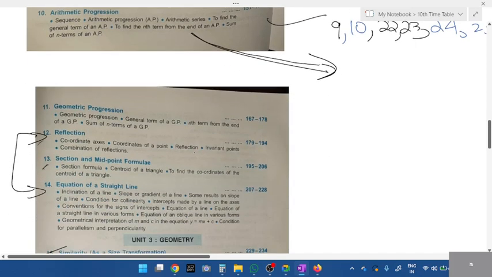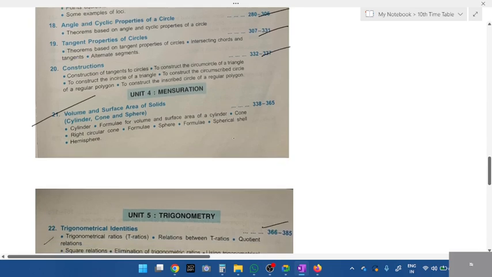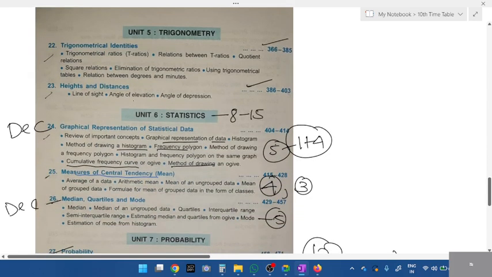Okay, fine students. Next, what else? Trigonometry, heights and distance. Then these two, I'll give you in chapters 24 and 25. You will remember 24 and 25? Histogram, frequency polygon, ogive. And in mean, what are the three steps we have?